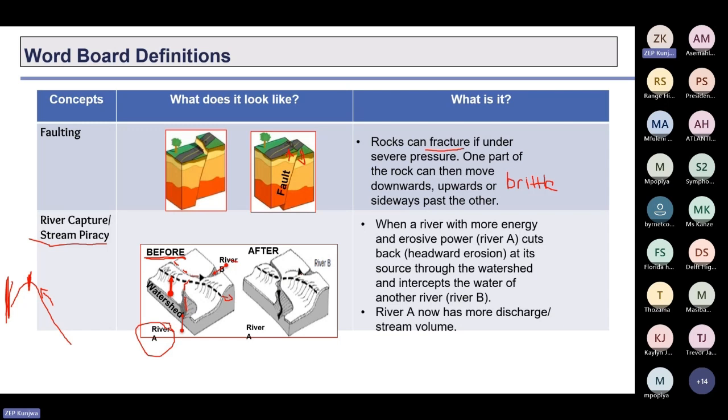When it meets this river here, the channel of that river might not be that deep. That is why when the two rivers join, it's going to be easy for the water from that side to get inside here. Now, let me just draw this for you.